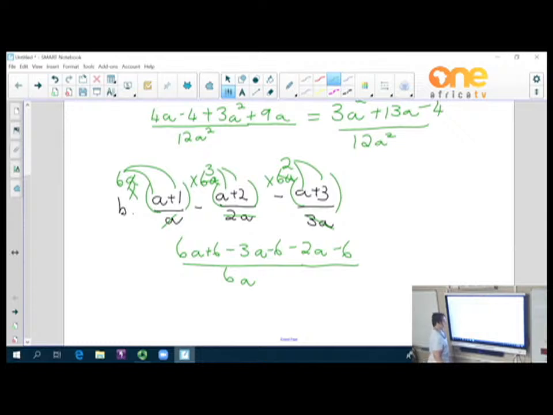And now I can add my like terms. So 6a minus 5a is a, and plus 6 minus 6 is 0 over 6a. Here the a's will cancel, and the answer is 1 over 6.